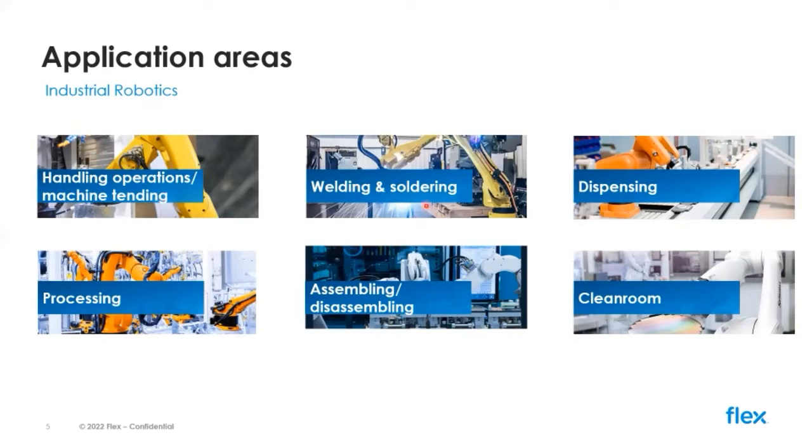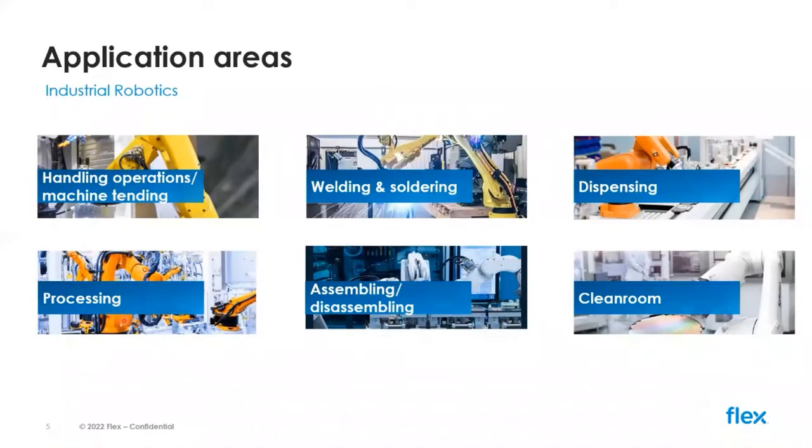We see things like welding and soldering. Dispensing is very much a key area. Things like epoxy resins, for example, being dispensed into modules, and also things like glue dispensing. So where things need to be stuck together, these are laid down using robots. An example there might be windscreens on automobiles.